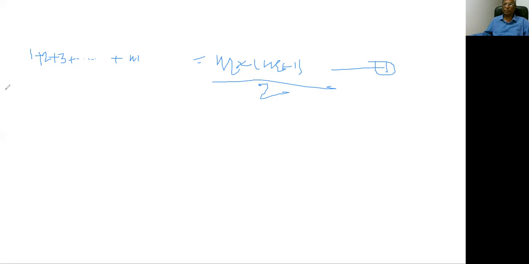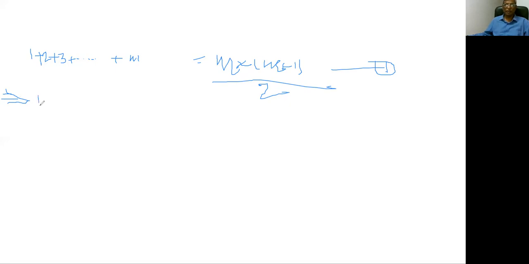As you know, firstly we take n is equal to 1. Then we consider the statement true for n is equal to m. Then the statement should automatically become correct for n is equal to m plus 1. For that, we write m plus 1 in LHS and m plus 1 in RHS.